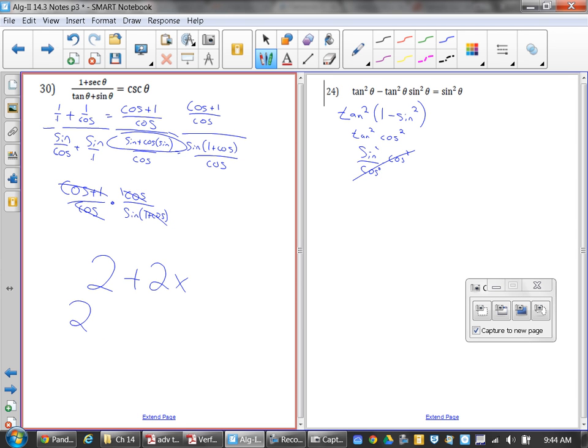If I factor out a 2, I get 1 plus x. It's the exact same thing. What do they have in common? Sine. I factor out sine, what is left, 1 plus cosine. It's the exact same linear style property that we've used, but we're just using it via trig. The algebraic property doesn't change.